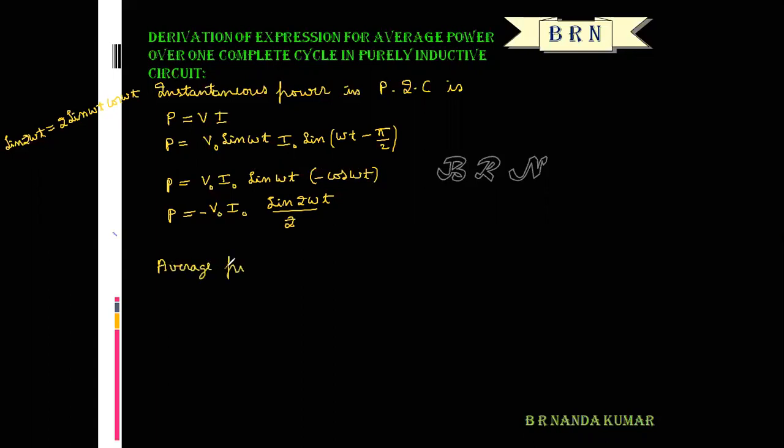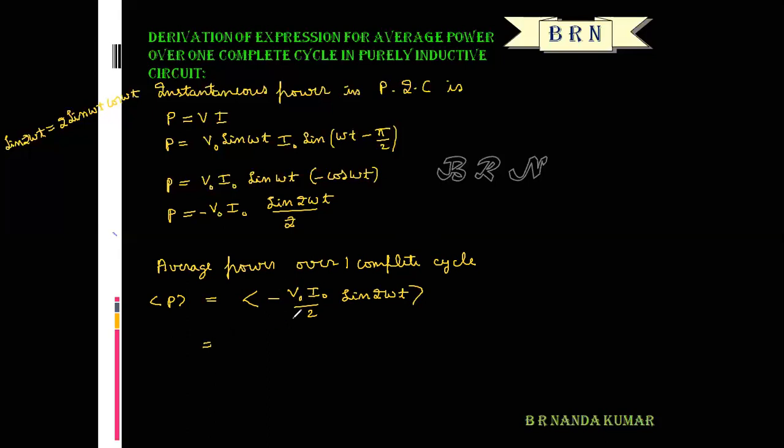Average power over one complete cycle. Let us apply the average on both sides. Average of minus V naught I naught by 2 sine 2 omega t.